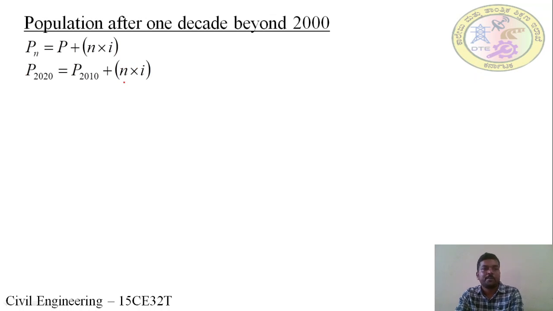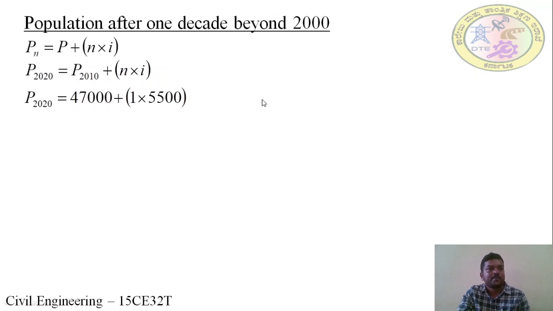So for P 2020 we need to find out, that is equal to 47,000, the present population, plus the number of decades, that is the difference between present and future, 10 years, that is 1, and I is constant, equal to 5,500.